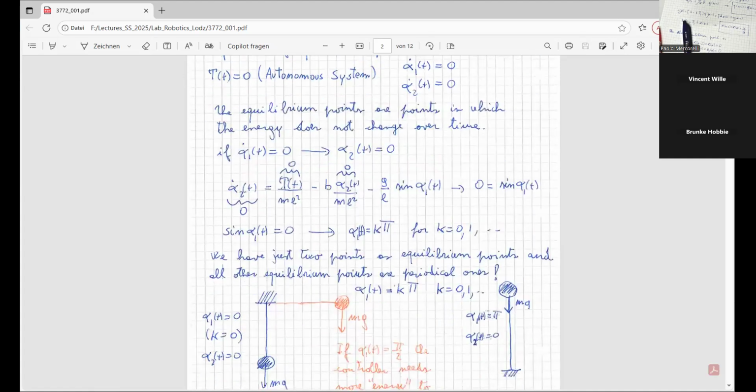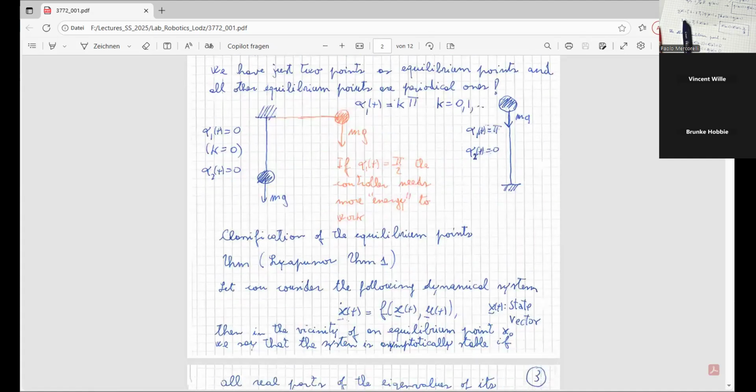I don't want to go in depth, just to clarify how important the equilibrium point is. Look, here we can demonstrate that this is an equilibrium point, and also this one in the vertical position, once down, once up. We have two equilibrium points.